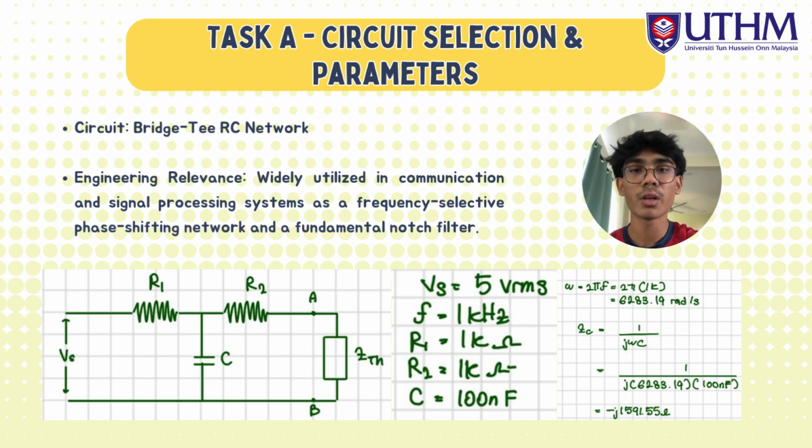Engineers therefore require efficient methods to predict how the circuit behaves under different operating conditions. By applying Thevenin's theorem to this circuit, the complex network can be represented by a much simpler equivalent circuit, making load optimization and performance analysis significantly easier.